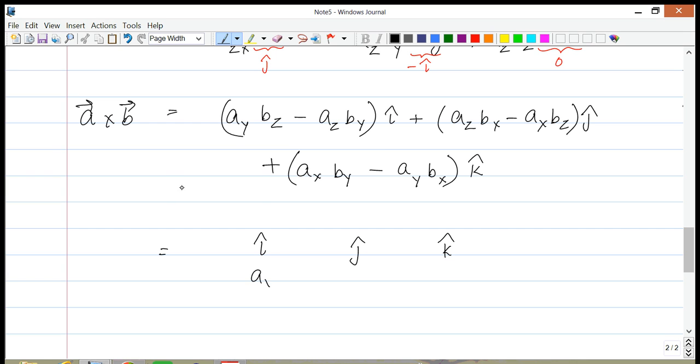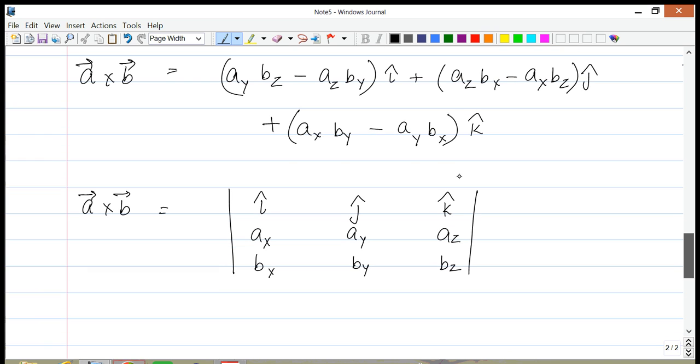Then I have AX, AY, AZ in the next line, and then BX, BY, and BZ in the third line. So this cross product is actually equal to the determinant given by this formula.